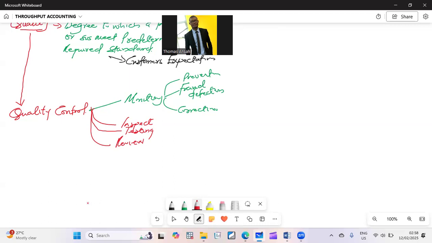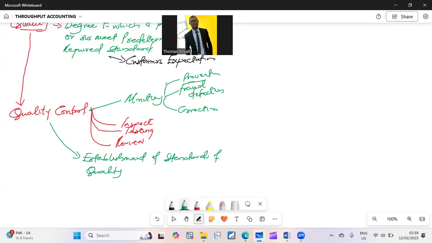So when you look at a quality control system, it simply means that you establish some standards. So you are looking at the establishment of standards of quality, and you are making sure to prevent anything that will stop that quality measurement that you are looking at. All right.